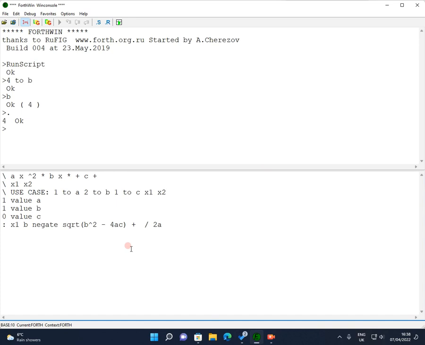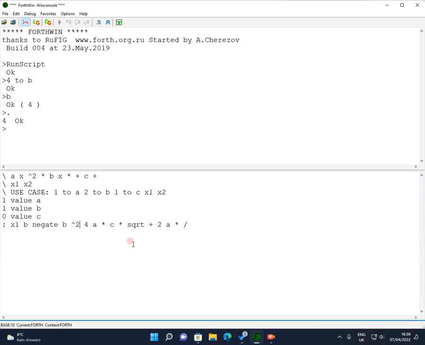This 2a is going to be multiplied first before the divide, and the rest of it looks quite reasonable. b squared 4ac. Now 4ac actually means 4 times a times c, and then we would take the square root of that, and then we see b squared minus 4ac.